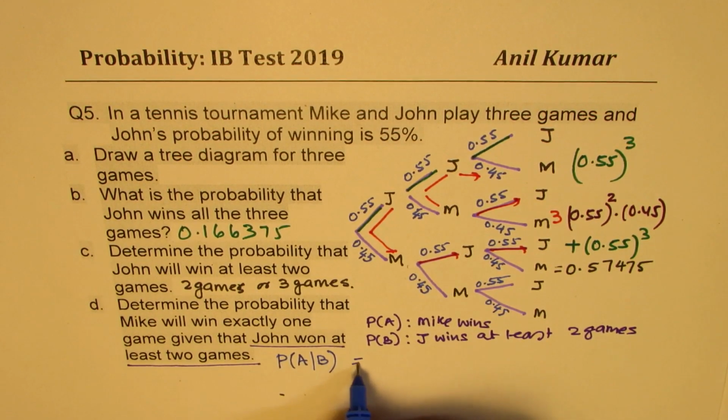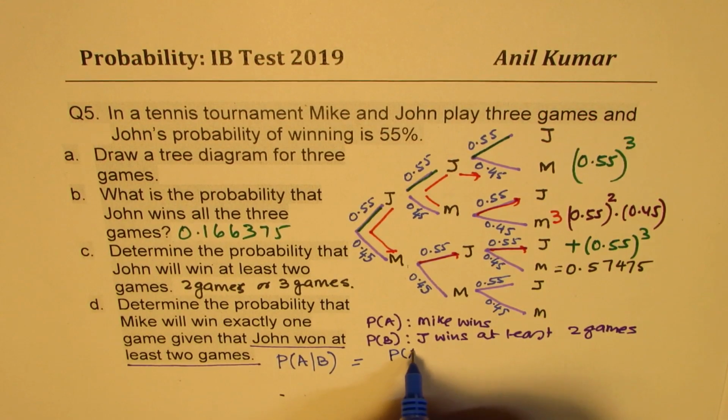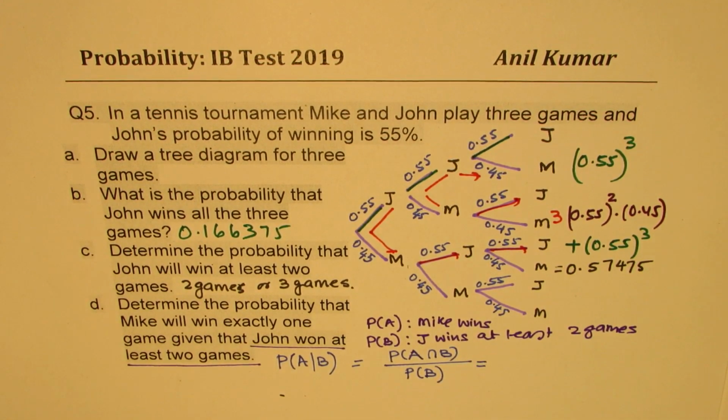Now this probability is the ratio of the probability of A intersection B divided by the probability of B. Okay? Now what is the probability of A and B?